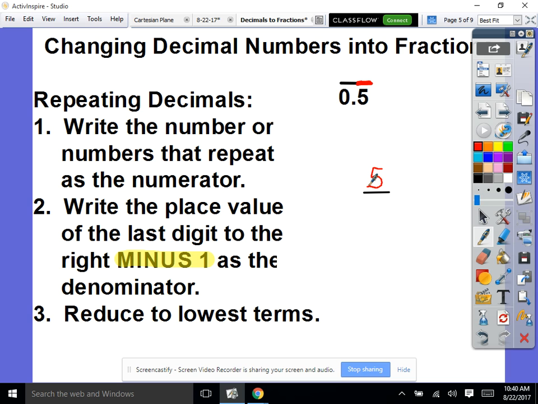And then we write the place value of the last digit to the right minus 1 as the denominator. So this is tenths. 10 minus 1 equals 9. And then you would reduce that to lowest terms, but there is not a number that we can divide both 5 and 9 by, so that is actually already in lowest terms.